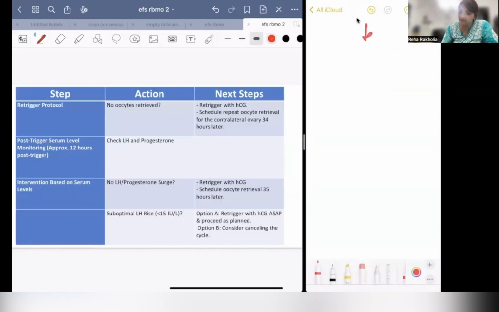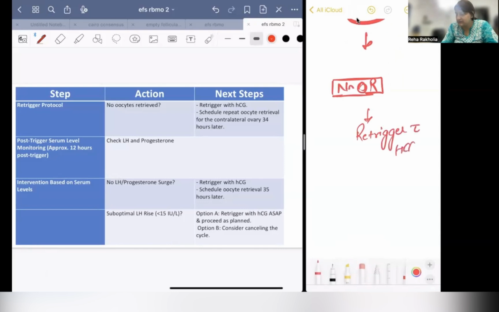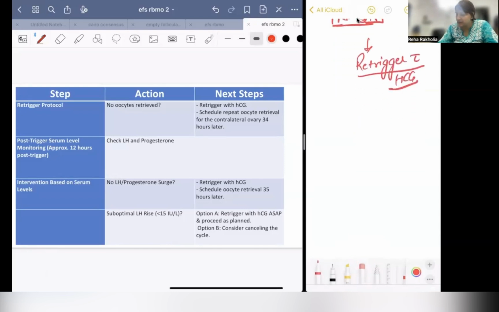See, now this is for GnRH agonist. If no oocyte is retrieved from one ovary, we will retrigger with HCG and reschedule oocyte retrieval after 34 hours of rescue HCG dose.